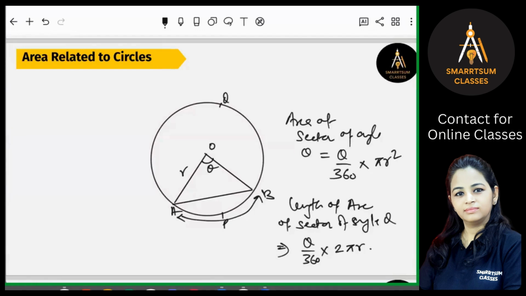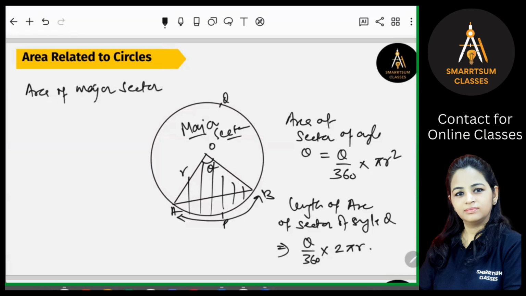Right? Now, as you can see here, we have a major sector and a minor sector, right? So this one is your minor sector, OAPB. This is the minor sector, and this is your major sector. Getting that? Okay. So if we want to find the area of the major sector, how will you get it?